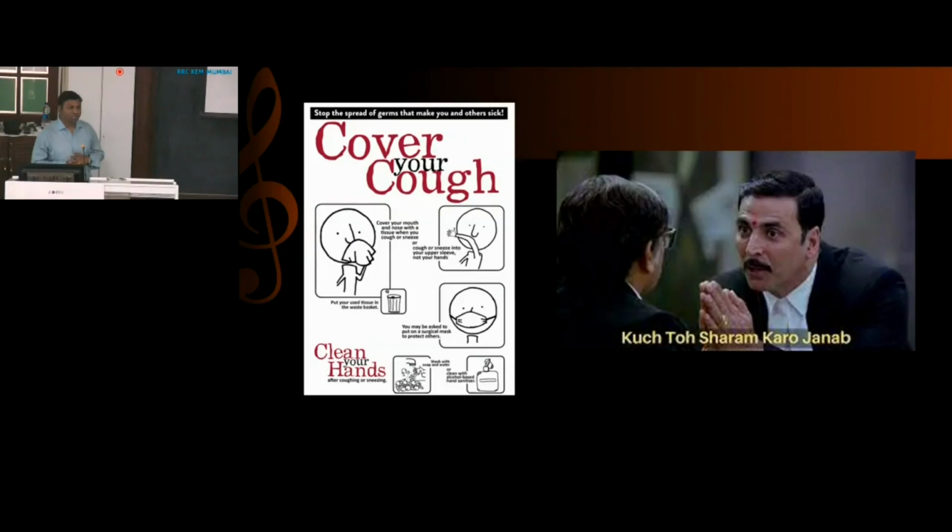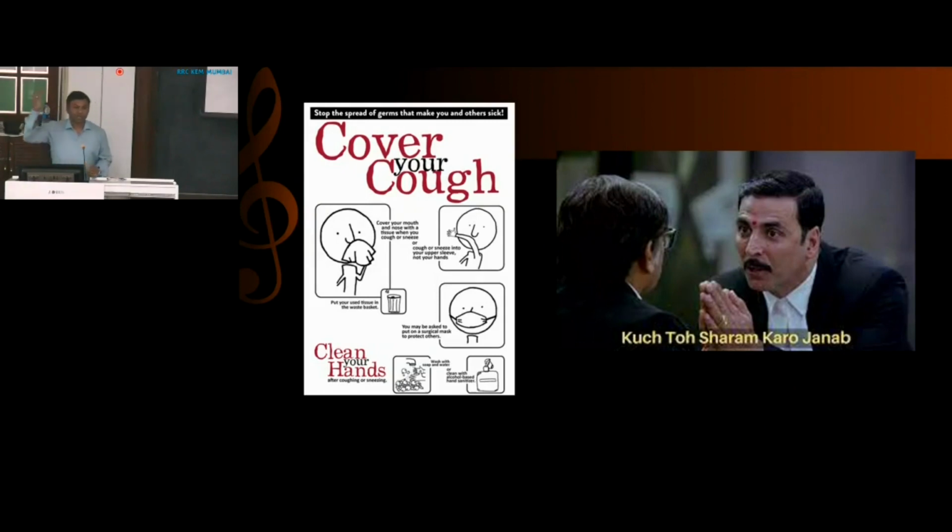What you should do is, whenever you get the urge to cough or sneeze, you have to cover the nose and mouth by something. It can be a tissue paper, it can be your personal handkerchief, or what you will prefer is the elbow.